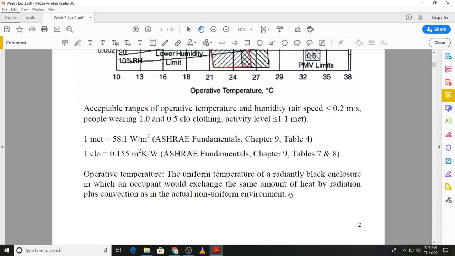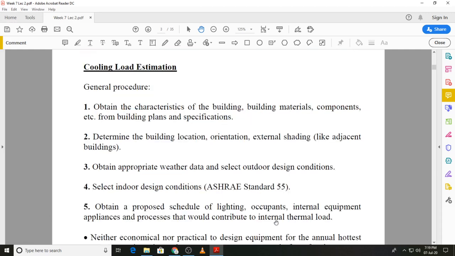Now we will move on to the cooling load. That is our main objective, and take it from over there. So there are certain general steps that we have to go through for estimating the cooling load of a building.